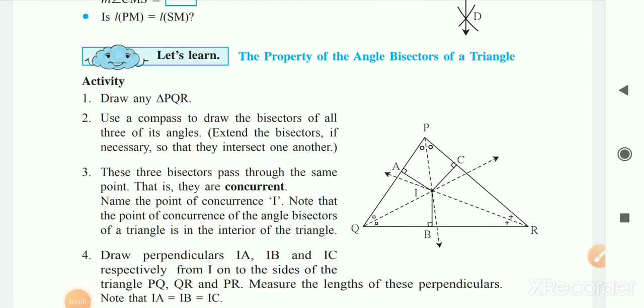All of you do this activity with me, then only the steps will be clear for you. If you do not understand the steps of construction, just rewind the video and watch it again, and then do the construction. For this, first of all, we will draw the triangle PQR.